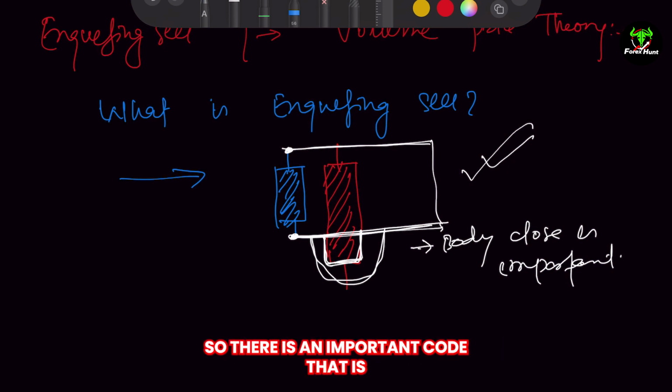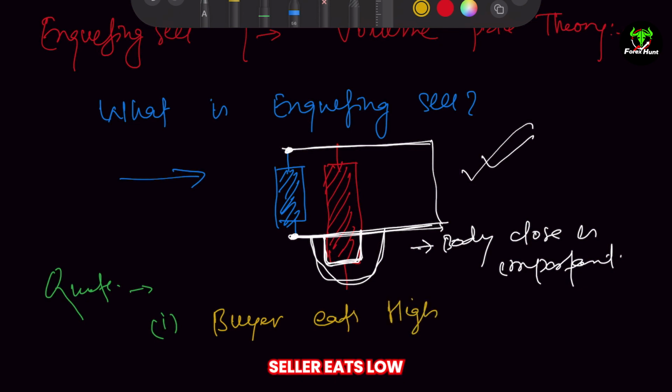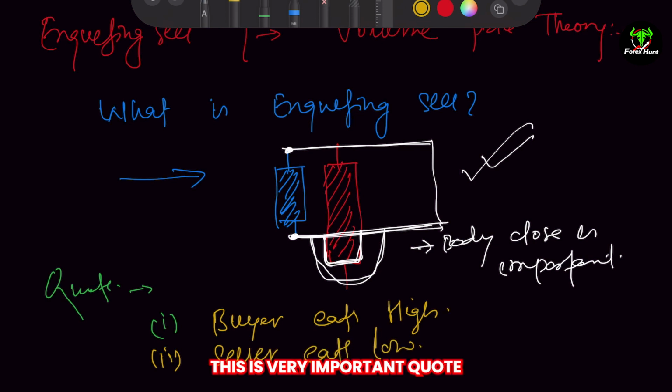There is an important quote: buyer eats high, seller eats low. This is a very important quote that is used in engulfing theory, that buyer eats high and seller eats low. This was given by Lara Summers.